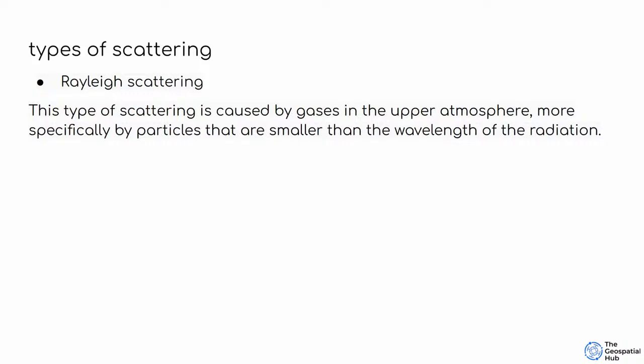This is the reason why the sky appears blue during the day: as the sunlight passes through the atmosphere, the shorter wavelengths visible to our eyes, the blue part of the visible spectrum, are scattered more in different directions compared to the longer visible wavelengths. So during the day, that is why we see the sky appearing as blue.